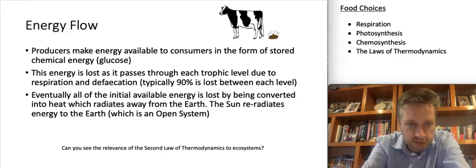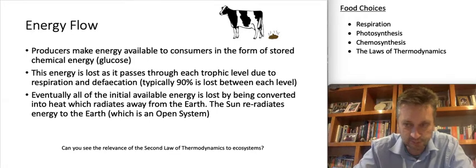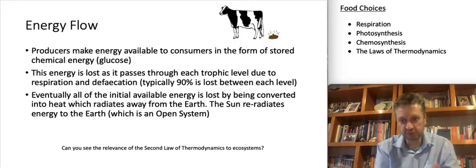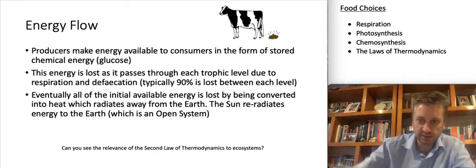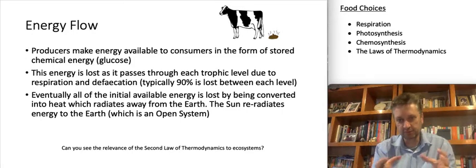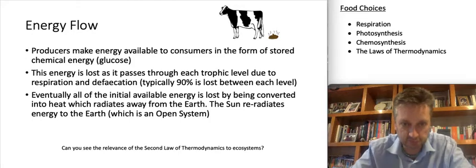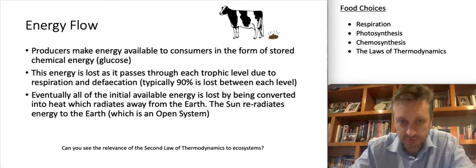Okay, and then finally, the producers make energy available to consumers. We've already talked about feeding relationships. And the starting point of that is the glucose that the producers make. Energy is lost as this food goes through each trophic level by respiration and defecation, largely.